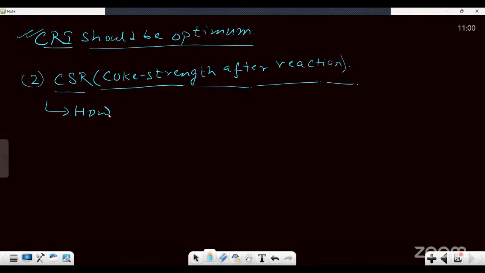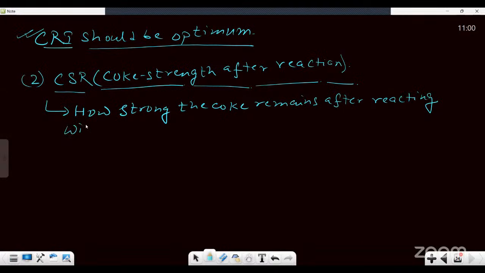So after the coke has reacted with CO2, how much strength it can maintain. So this is basically the coke strength after reaction, or the CSR.